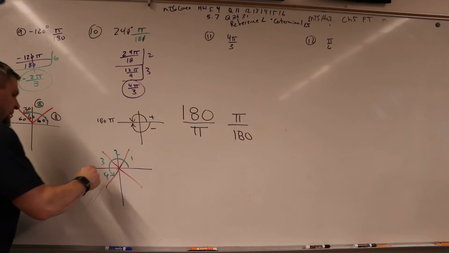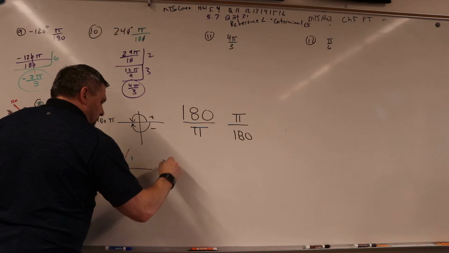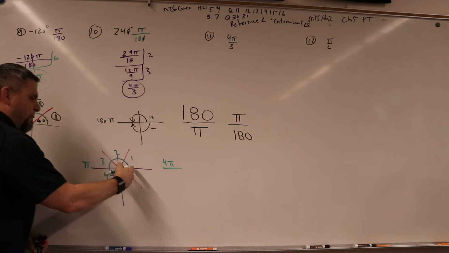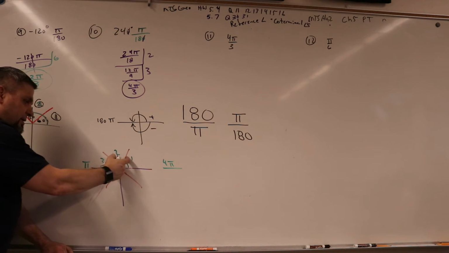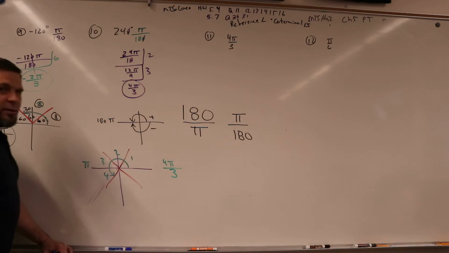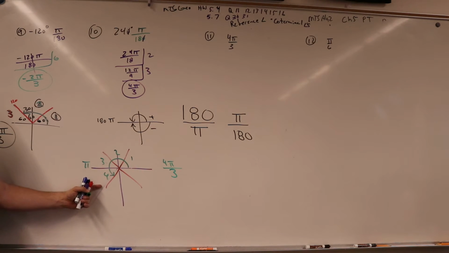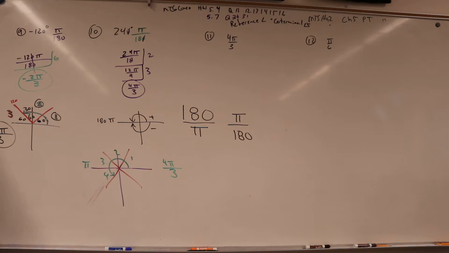So it's 4 pieces of the pie, out of how many pieces in a pie? 3. So it's a little bit more. See how it's more than pi? It goes past pi. So it's 4 pieces of the pie.